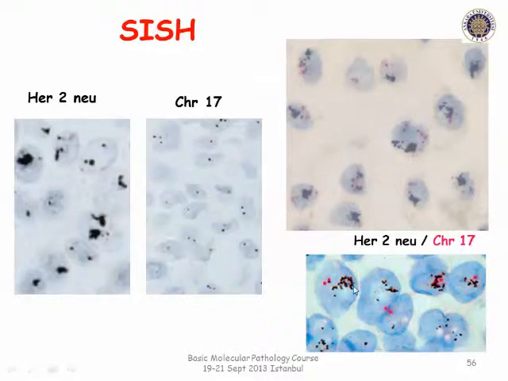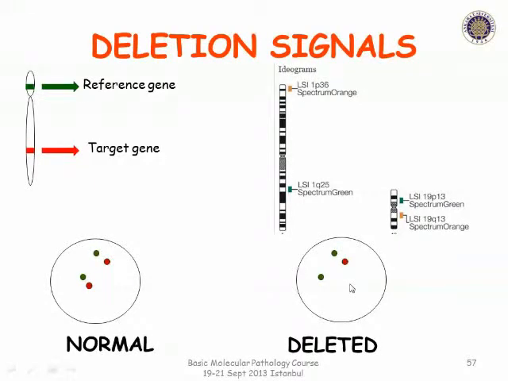By FISH, it is also much easier, maybe, compared to fluorescence, but there are still some difficulties in counting the superposed signals. For deletion signals, you need to have probes for the reference gene and the target gene, but this time you need to consider the loss of the signal.